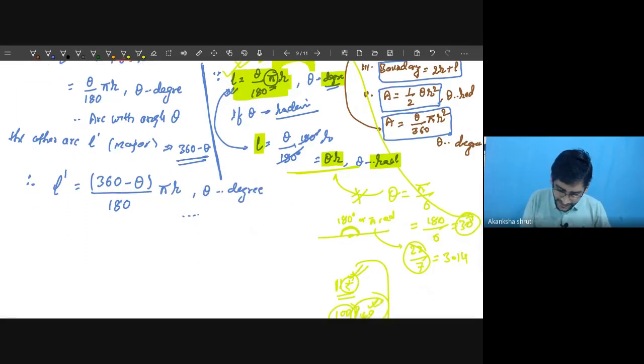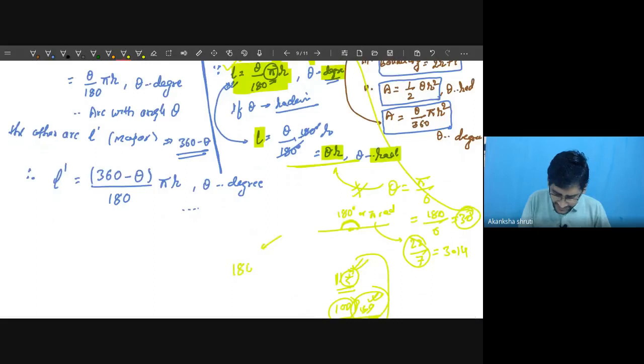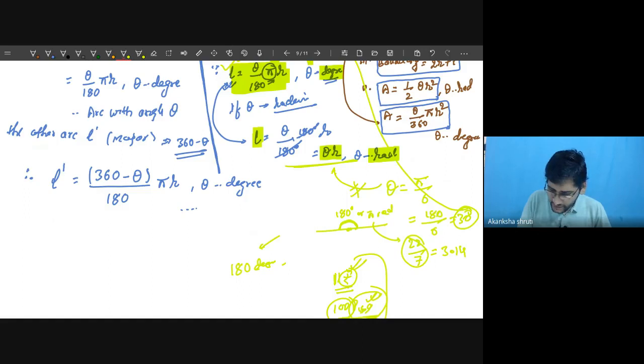It simply means 180 degree is equivalent to 3.14 radian. You may consider it like this, but we are in the habit of using pi. Lastly, we have to eliminate pi in terms of some number. Radian is a bigger unit, so its numerical value is only 3.14, but degree is a smaller unit, so its numerical value is 180.